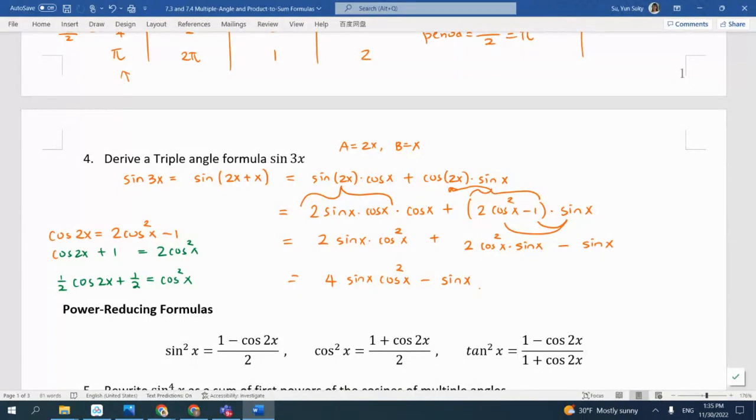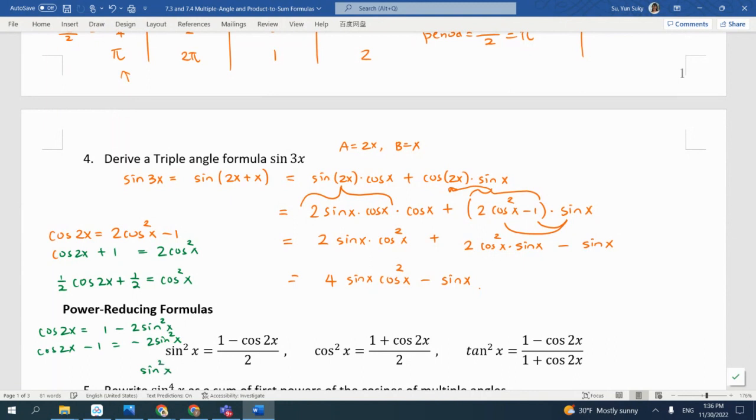So if you want to carry out the cosine squared, you reduce the power and you double the angle. Similarly, because we have cosine 2x is 1 minus 2 sine x squared, on both sides subtract 1, and then divide by negative 2.